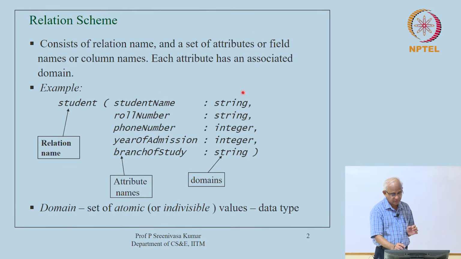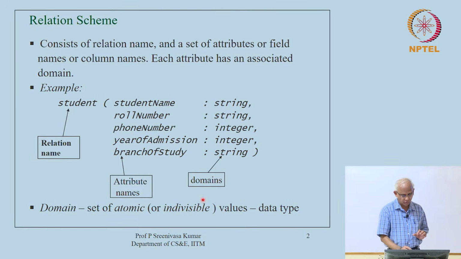As against this, in the entity relationship model, when we were talking about attributes, we talked about multi-valued attributes, composite attributes, and things like that, right. But here, when we say an attribute, it is always assumed to be a value that comes from a set of atomic values.